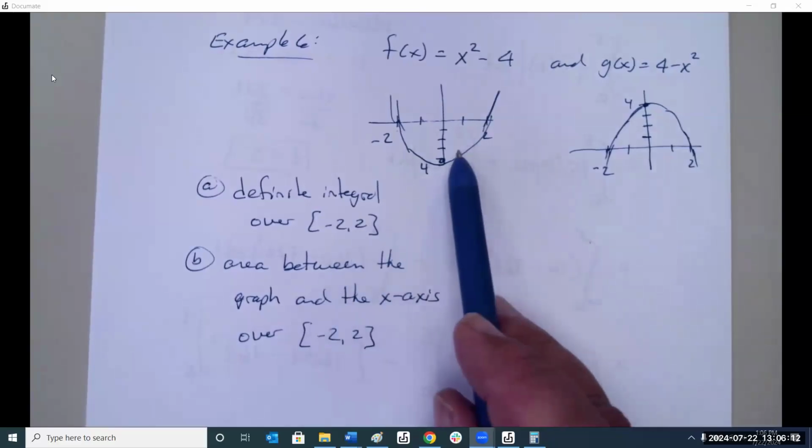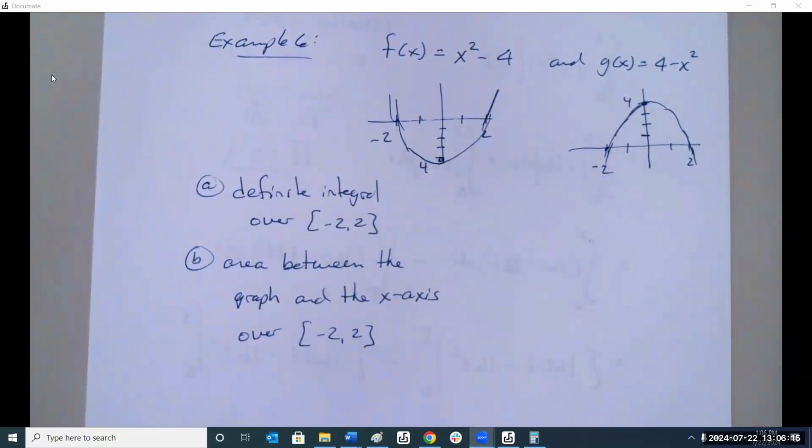So for A, do the definite integral for both of these separately. See what you get.